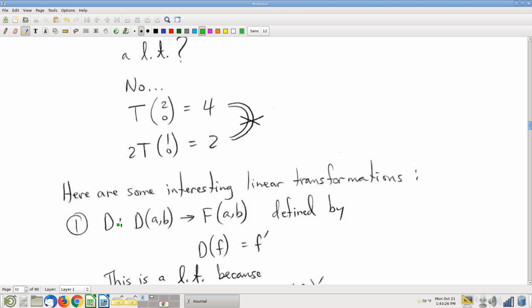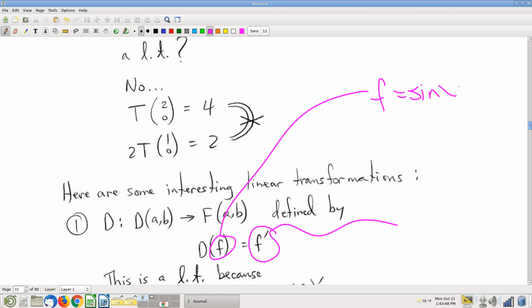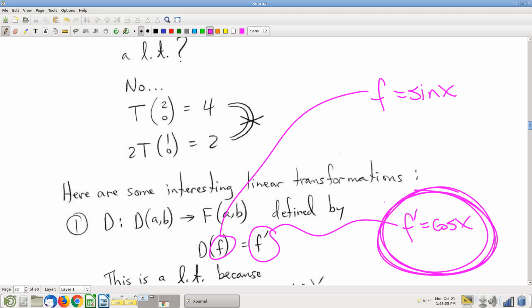Okay. Now, a lot of students look at this and think, wait a minute, you're telling me derivatives are linear. But this is obviously false because I've seen lots of derivatives in my day. For example, what if f is sine x, then f prime is cosine x, and cosine x is obviously not linear.